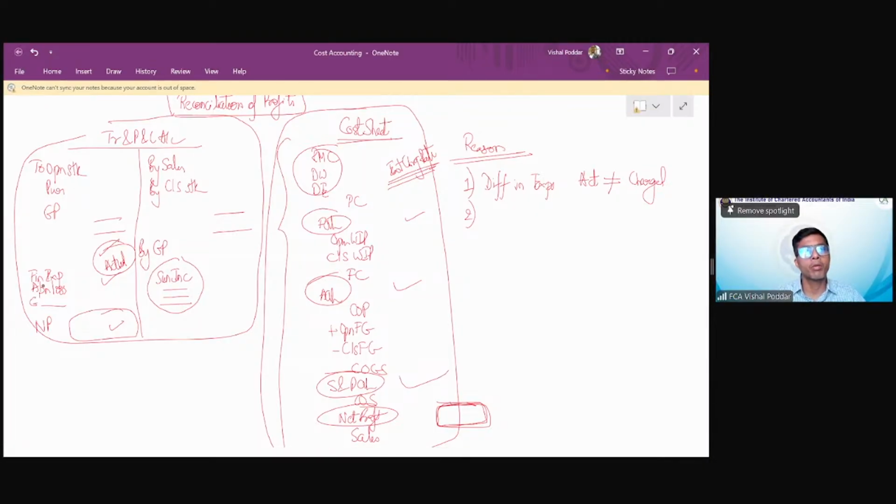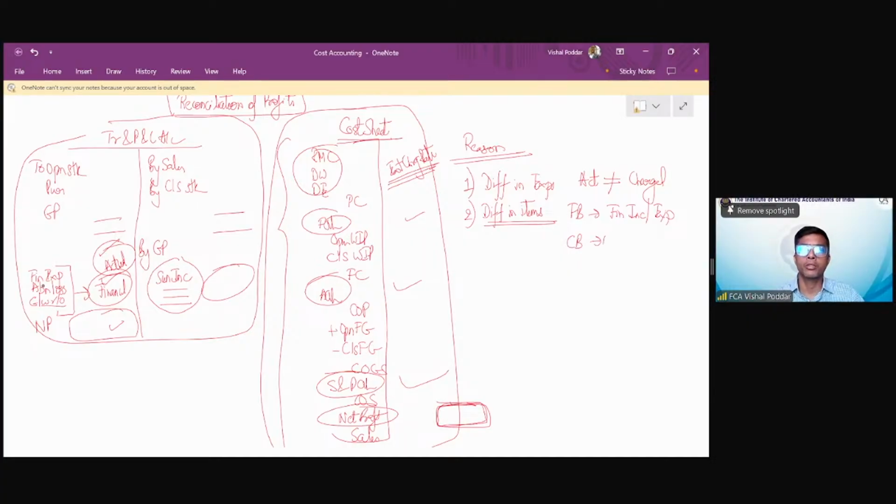And you have some written off figures, like goodwill written off. All these are pure financial expenses. So on either side of P&L, you have some financial incomes, financial expenses, which are not found in cost items. In financial books, you have financial incomes, expenses, which are not there in cost books.